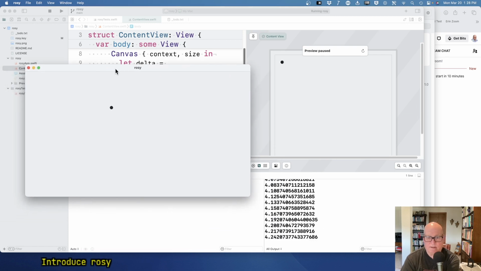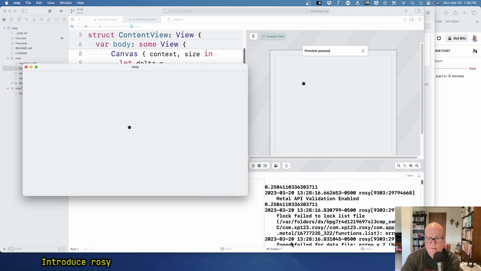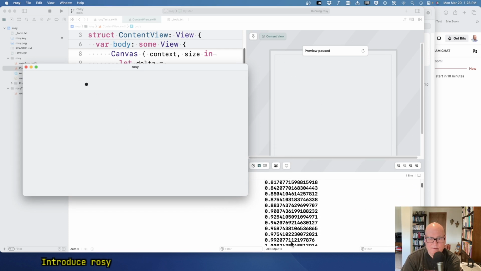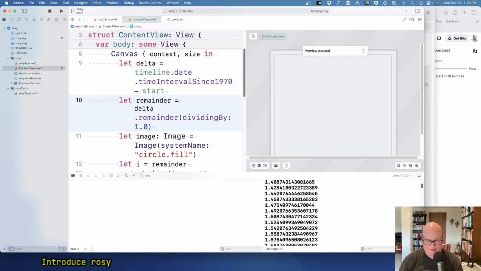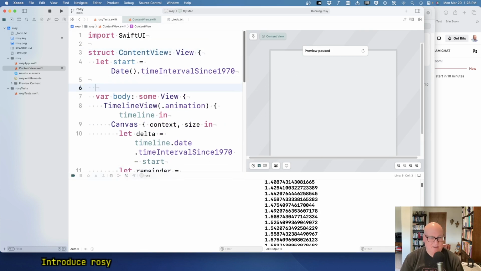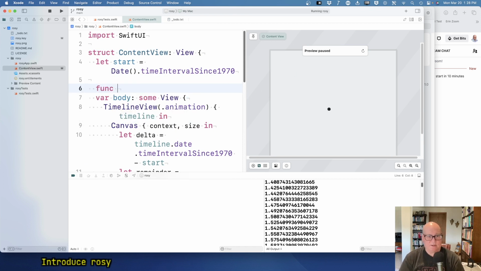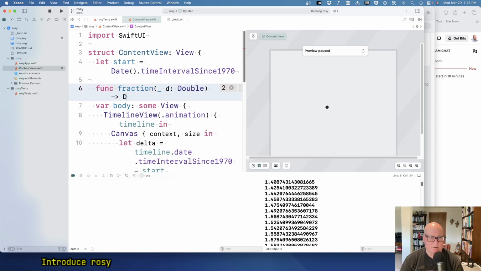Oh yeah, my division is very wrong. Okay. Yeah. All right, so this is a good place for me to write a function. Let's do that. Function fraction part. It takes a double and it returns a double.